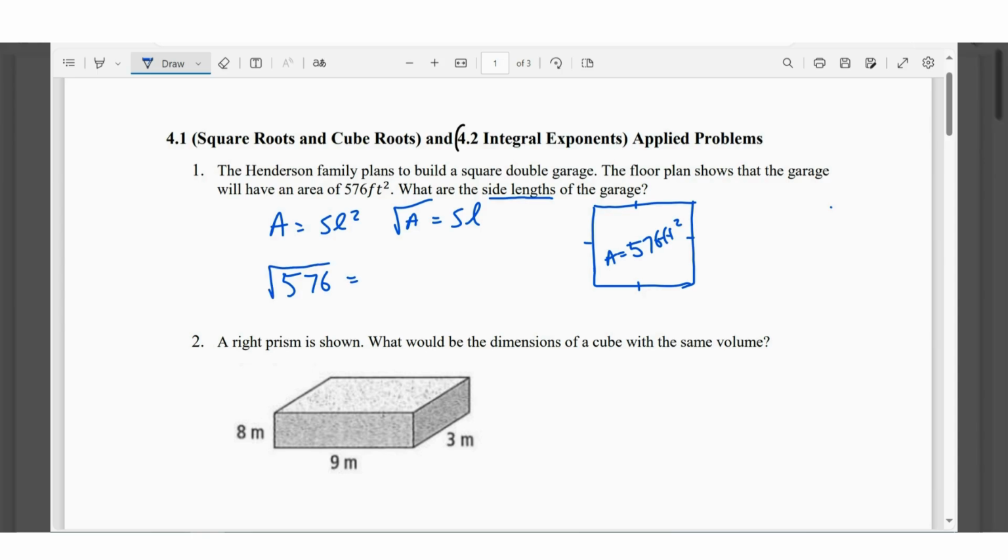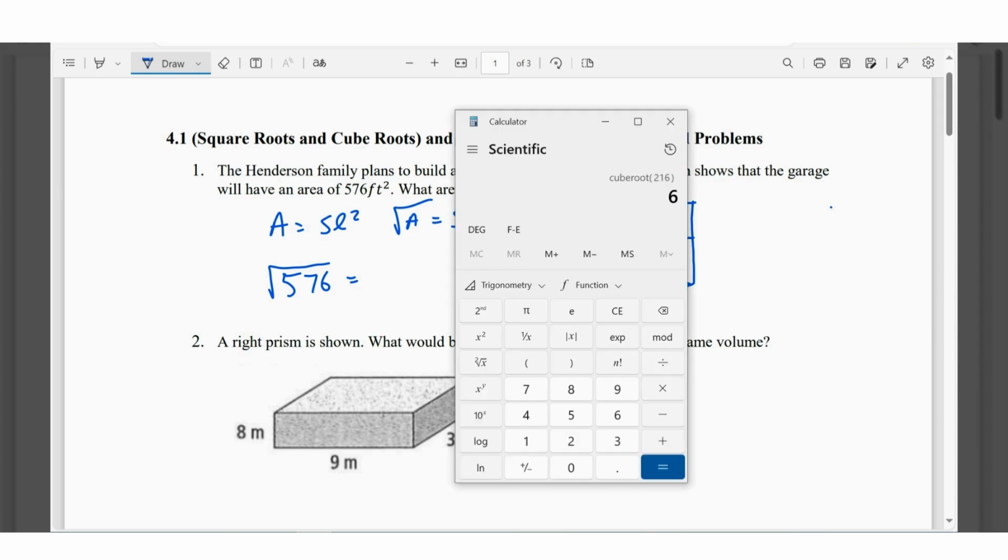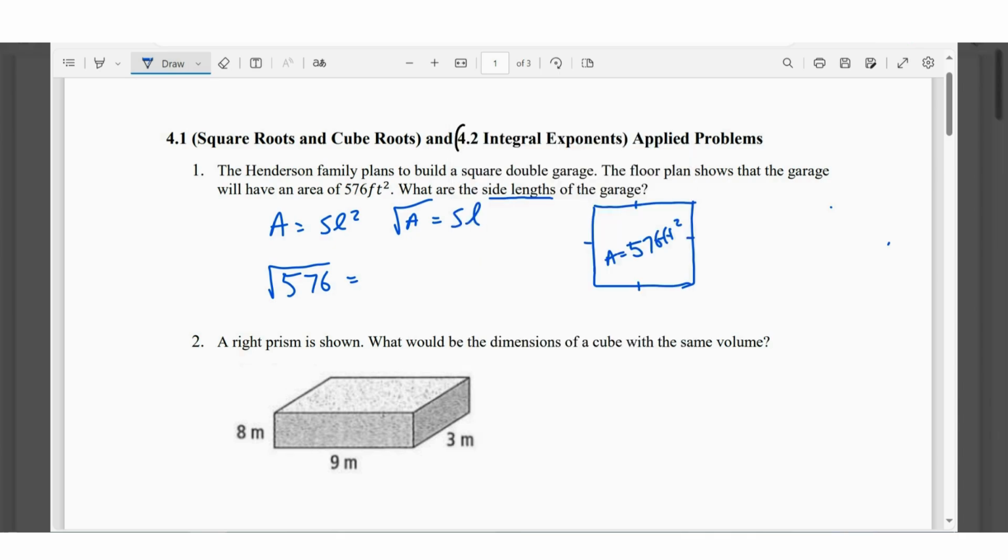That's what we're after. So let's go. The square root of 576 equals 24, and this is feet. Just wants to know the side length of the garage. The garage is going to be 24 by 24.